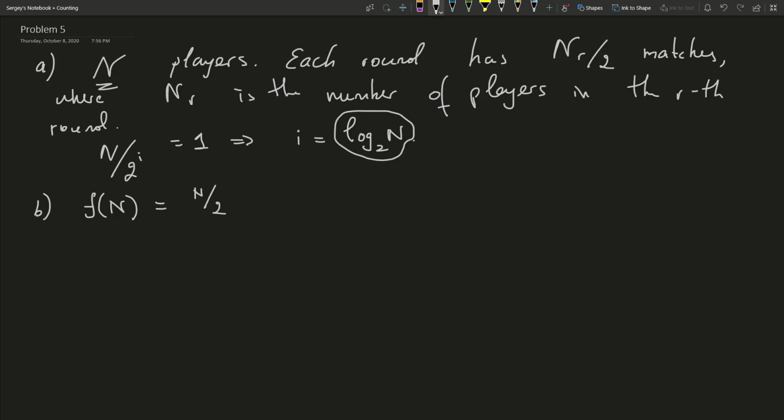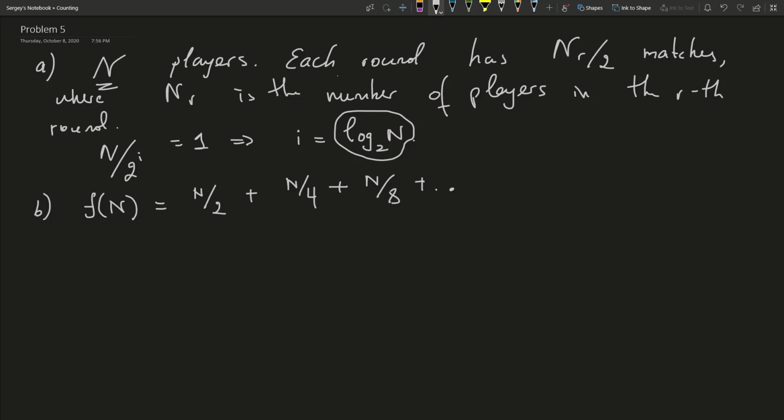Now in the next round, these n over 2 people that won in the first round get paired up, so we have n over 4 matches. Now these n over 4 winners proceed to the next round and get paired up, so now there are n over 8 matches.